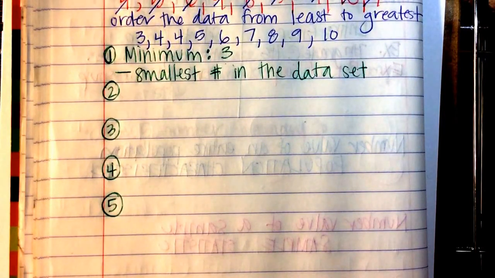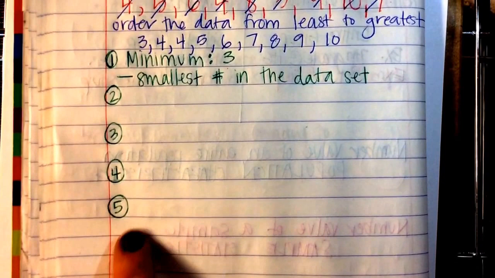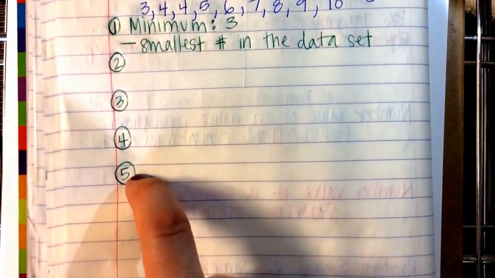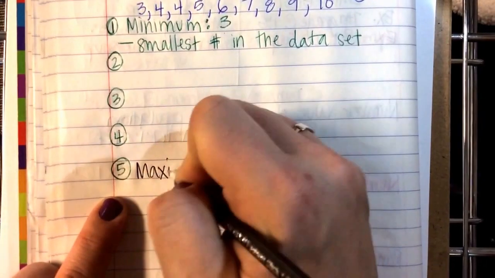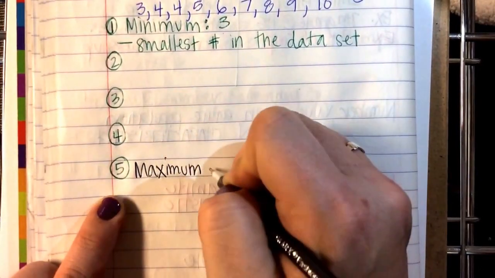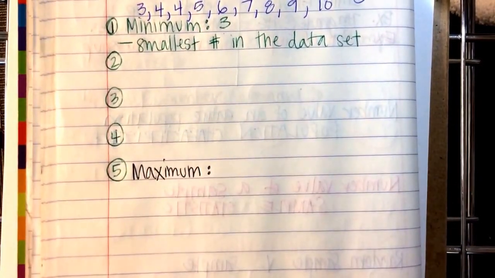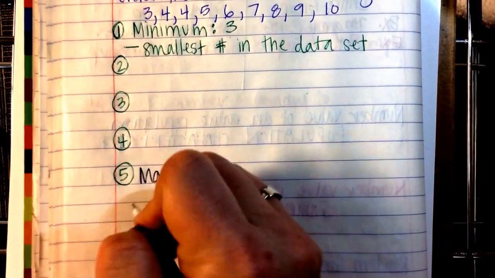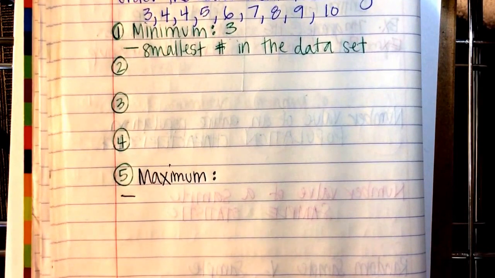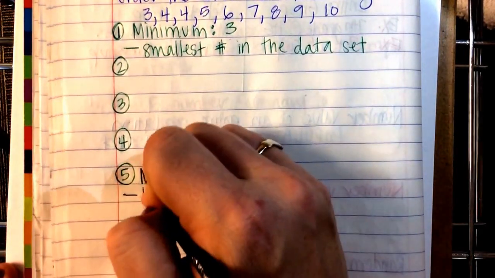So if the first piece of data I collect is the minimum, what do you think the fifth, the last piece of data I collect is? Maximum. The maximum. And the maximum, by definition, Reagan? The biggest number in the set.